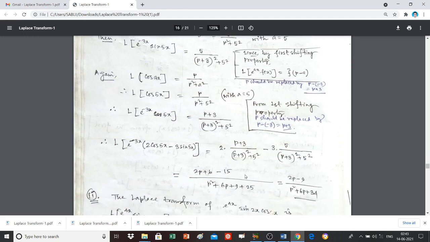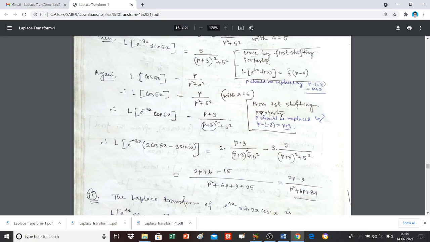Just simplify this. This is the same term, so the denominator will be p plus 3 whole square plus 5 square, and here will be 2p plus 6, and then 3 5s are 15, minus 15.